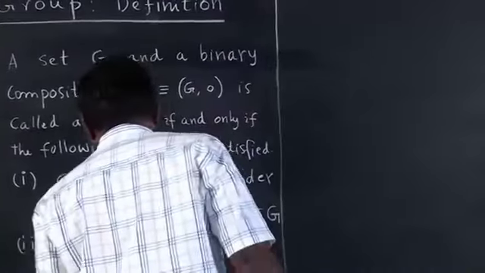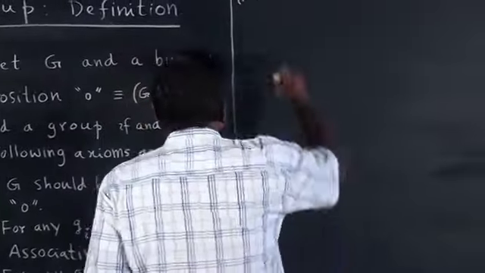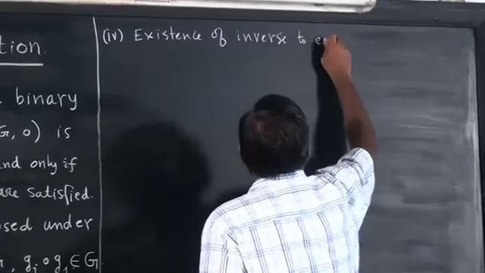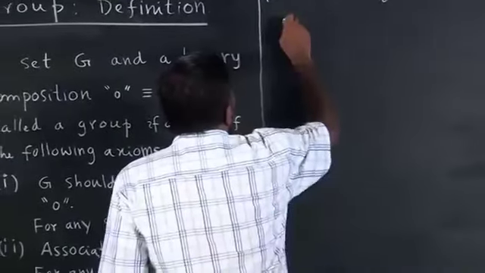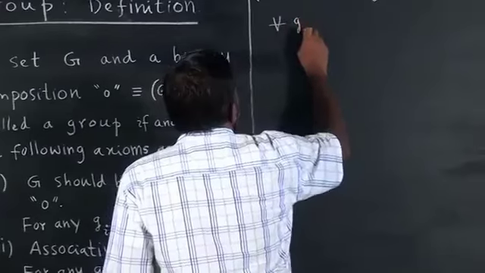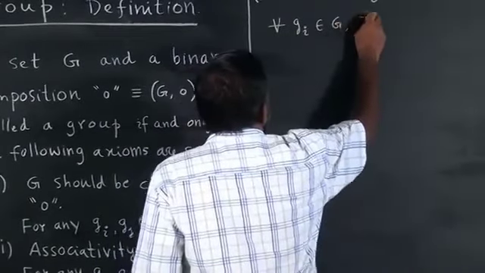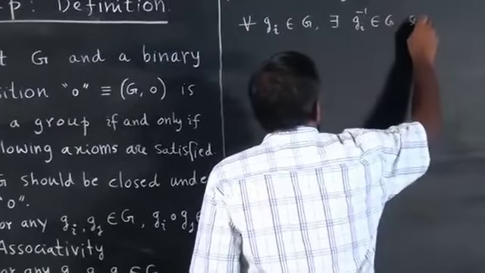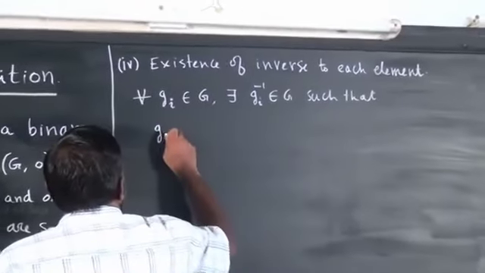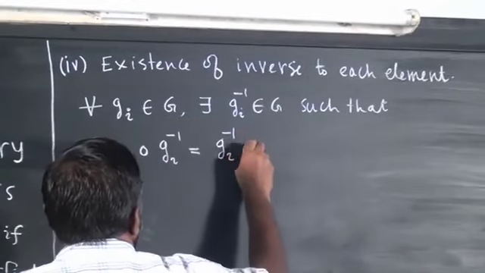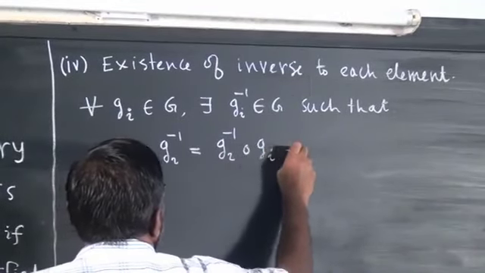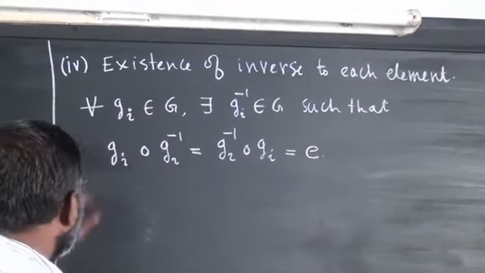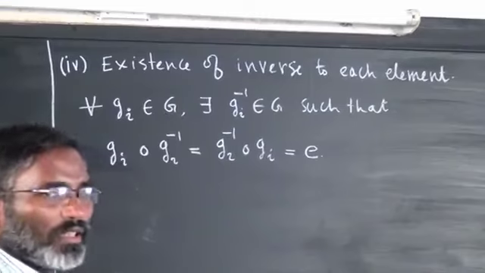The fourth axiom is the existence of an inverse for each element, which means for all Gi in G there exists a Gi inverse in G such that Gi composed with Gi inverse is equal to the identity. For every element there should exist an inverse.